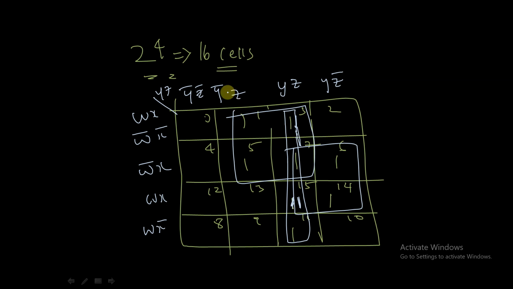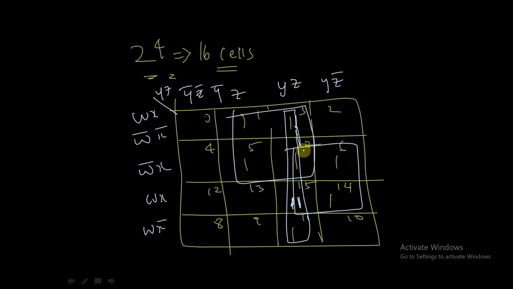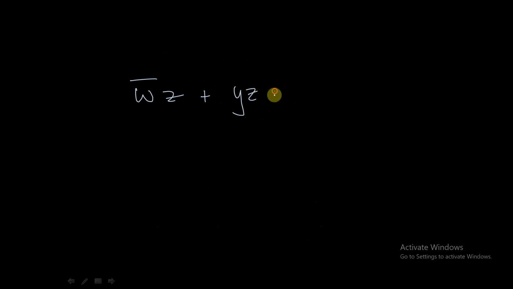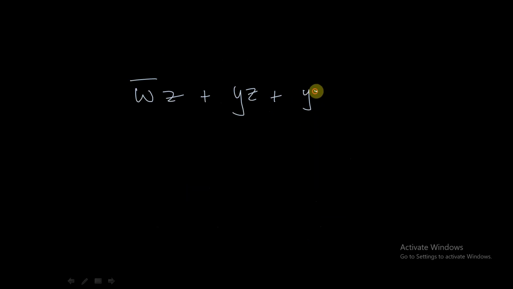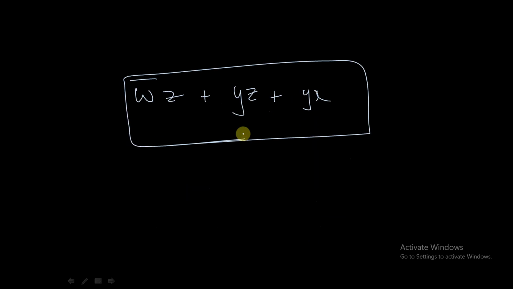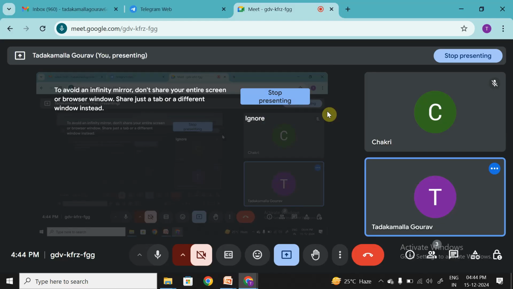So you can write down the Boolean expression. The common term in one group is w bar, in another it is z, in another it is yz, and in another it is y. This is how you can solve a k-map and solve the Boolean expression using the k-map.